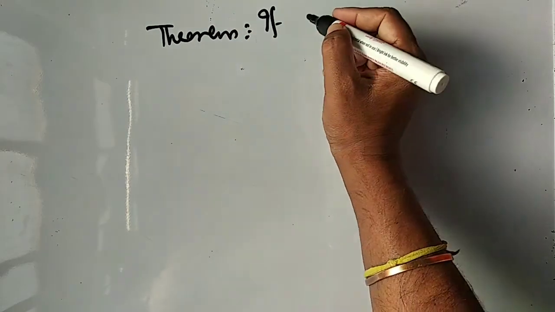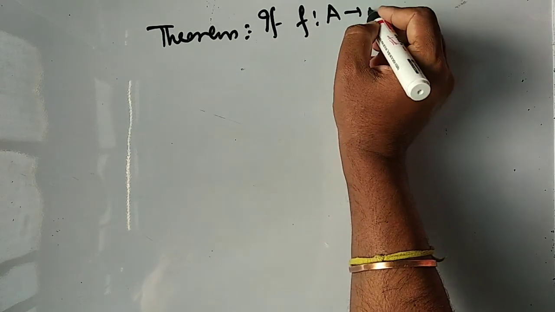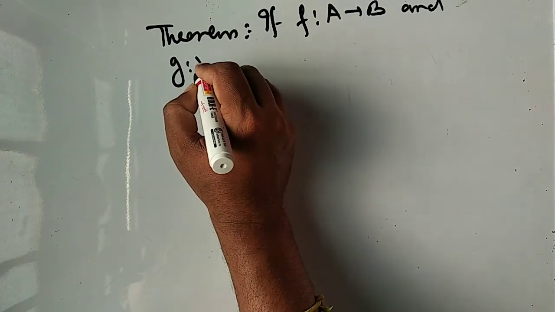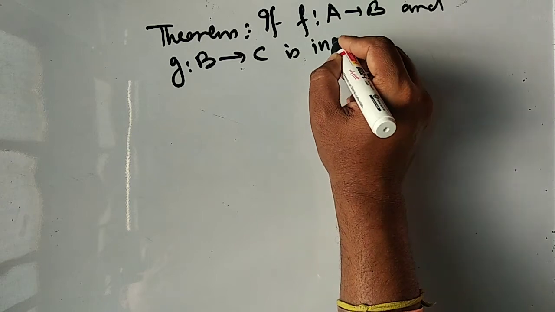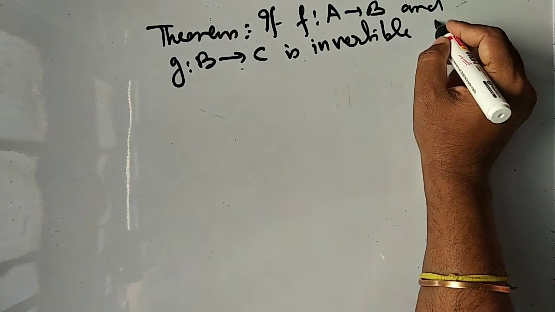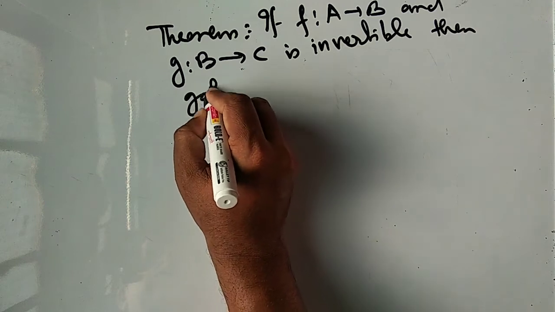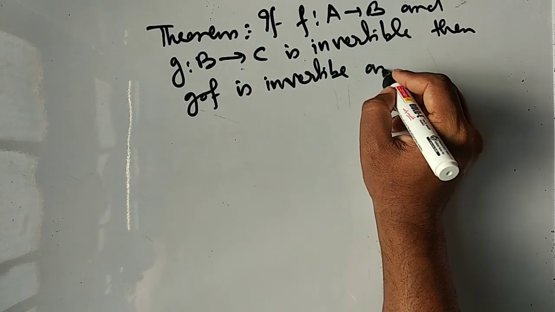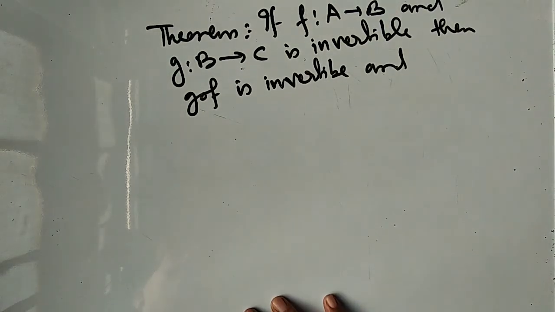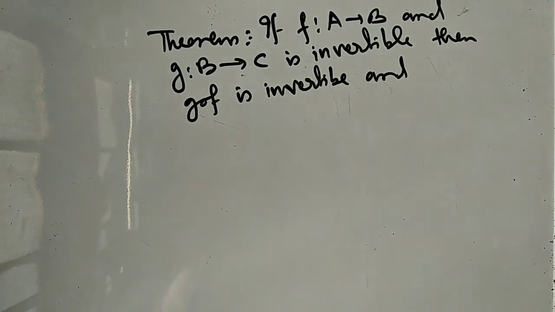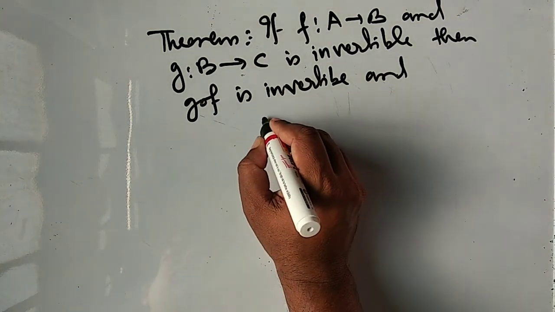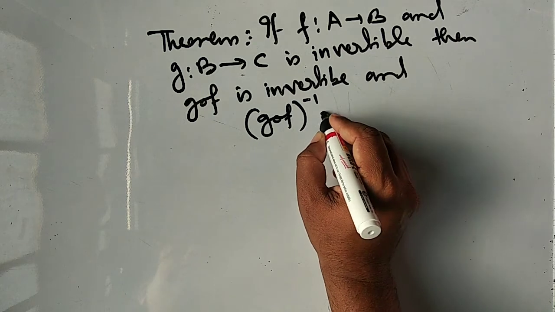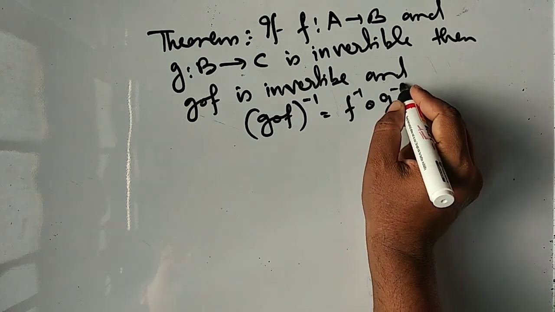If f from A to B and g from B to C are invertible, then g of f is invertible and (g of f) whole inverse is f inverse o g inverse.